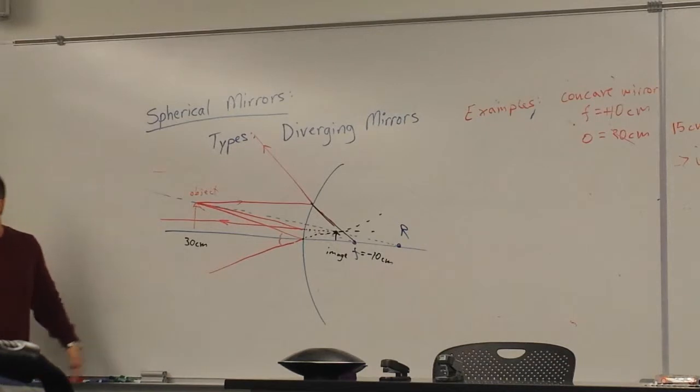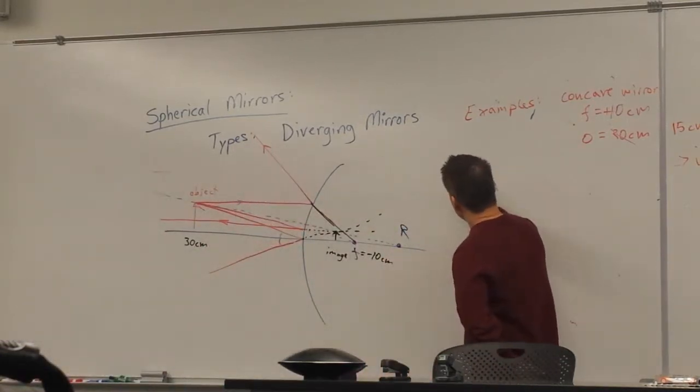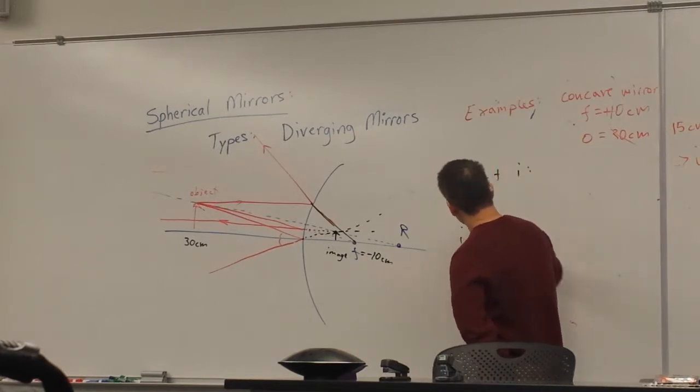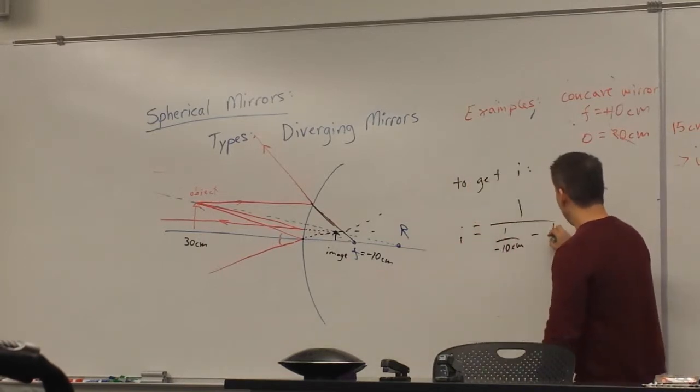So if we're going to find the image, to get I, we would say I is related to 1 over the inverse of negative 10 minus 1 over the inverse of 30.